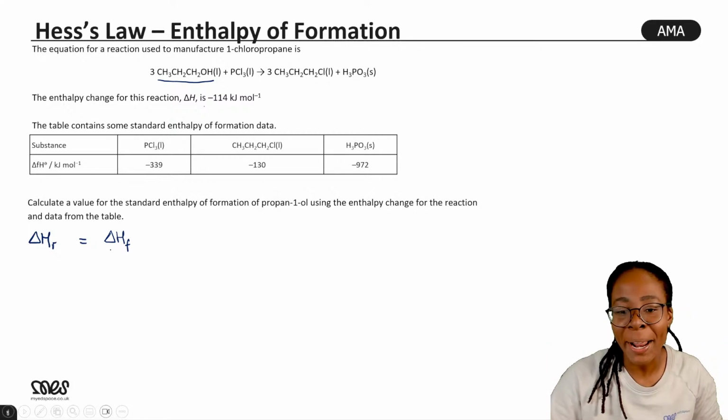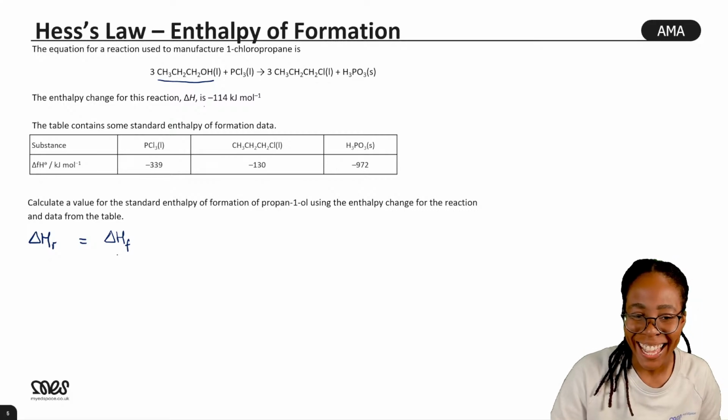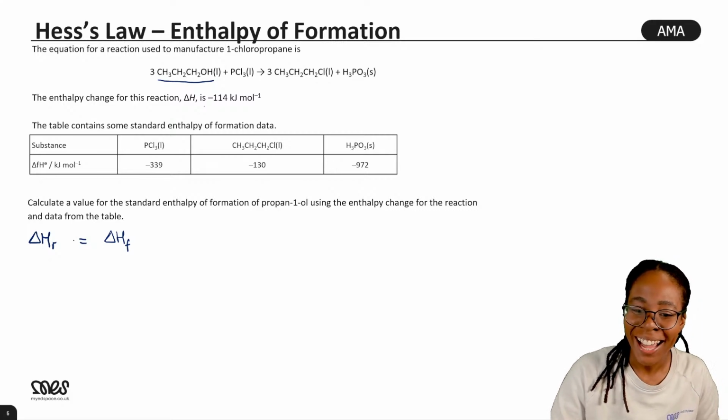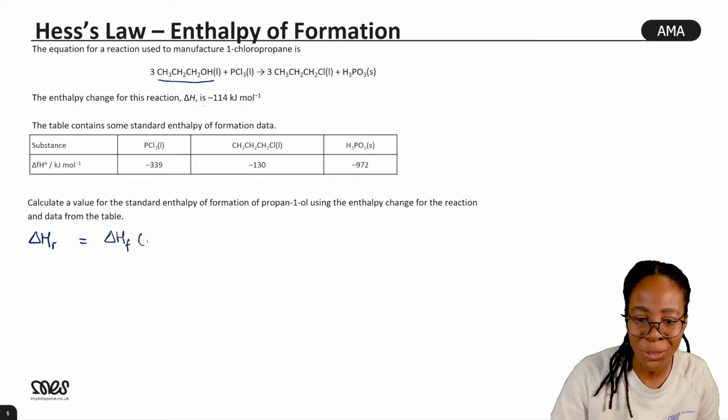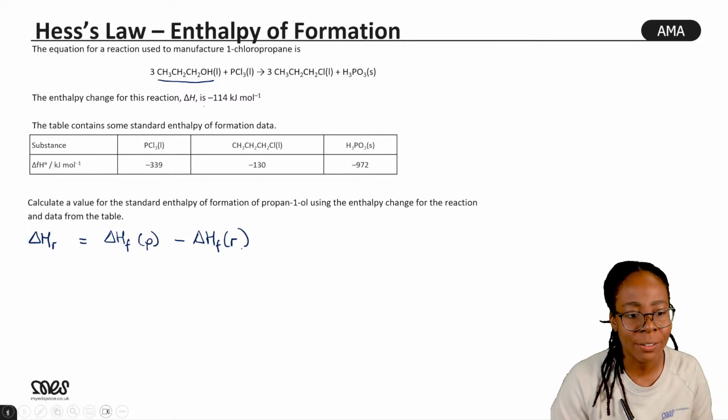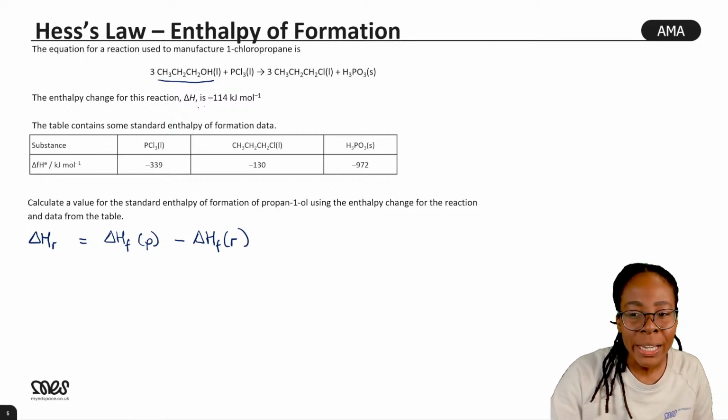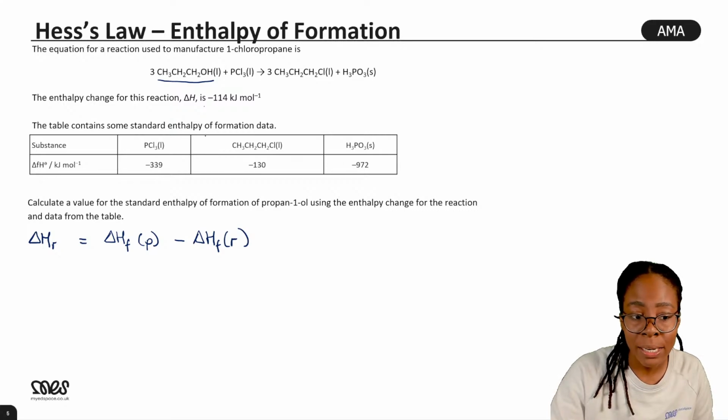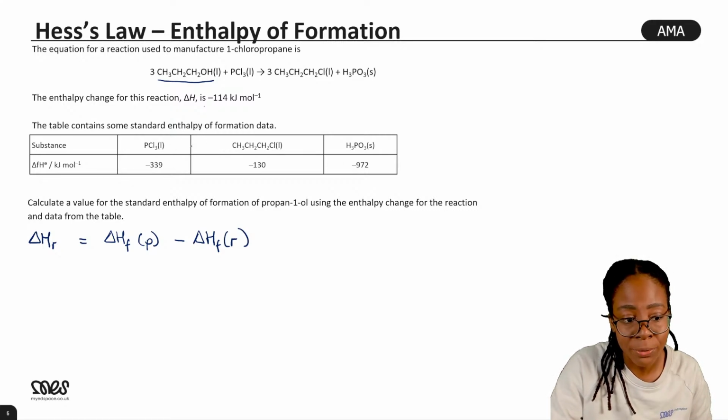Rewind. As we all know, the enthalpy change of reaction is equal to the enthalpy change of formation for the products minus the enthalpy change of formation for the reactants. And that's definitely what I said the first time round. So we can now start to substitute in the values that we actually have.